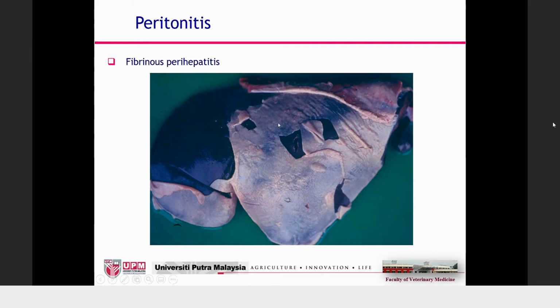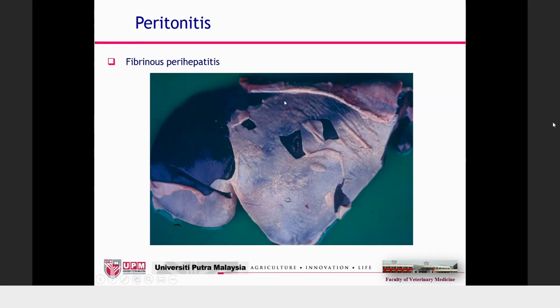If it is acute stage, we expect this fibrin to be more gelatinous, mild yellowish, yeah? Mild yellow gelatinous material. But in this case, you can see it is more cloudy, which shows that it is at a more advanced stage, maybe a subacute lesion.